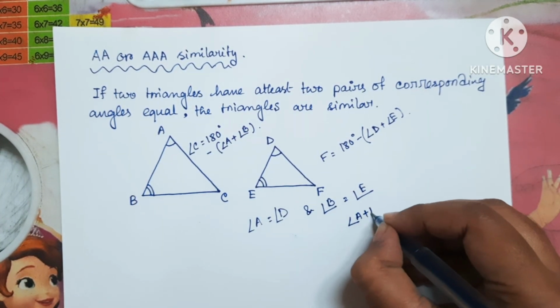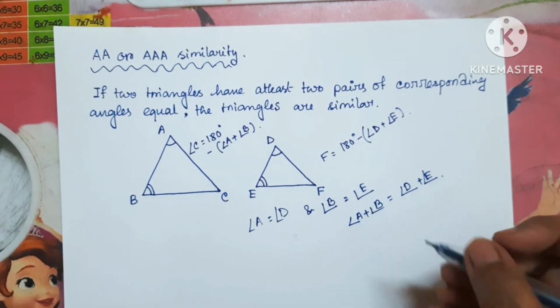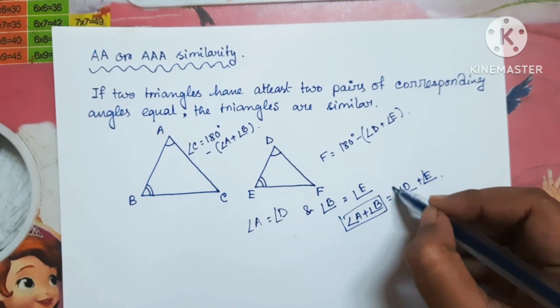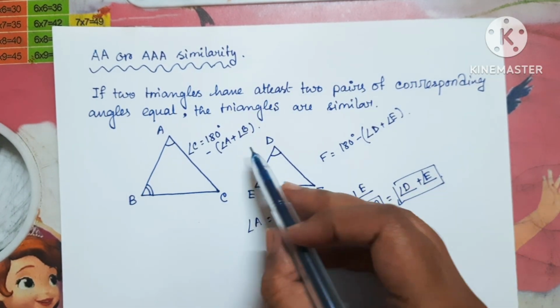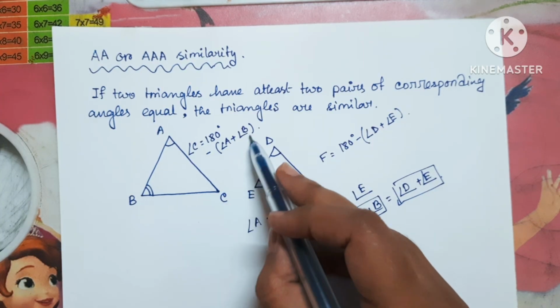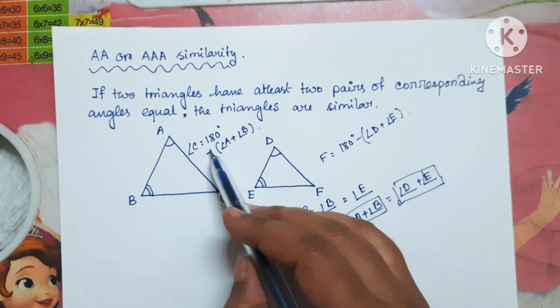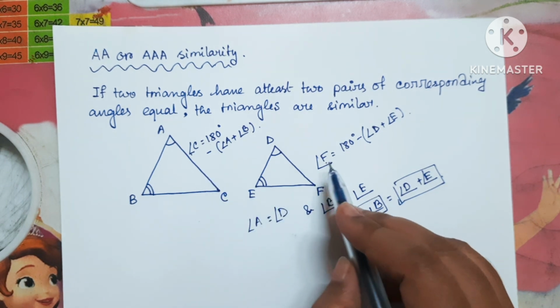That means A plus B is equal to D plus E, right? So if these 2 things are equal, then if you subtract them from the same constant, that is 180, you are subtracting this same number. Okay, so you will get the same things. That means angle C and angle F will be the same.